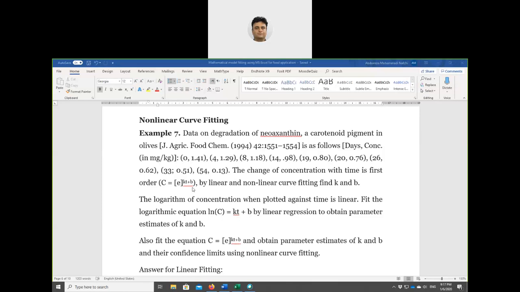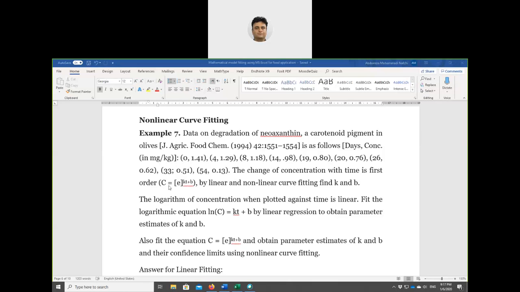When you find k and b, you did fitting, or you solved a problem, or you did a modeling. In modeling, we just find the constants of a famous equation like this one, first order, or anything. We just find the constants k and b.